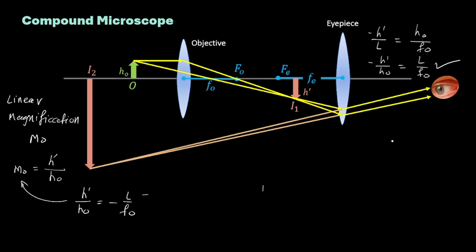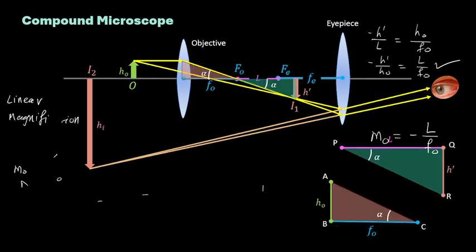So we have linear magnification produced by an objective MO equal to negative L upon FO. This is just the first part of the magnification.